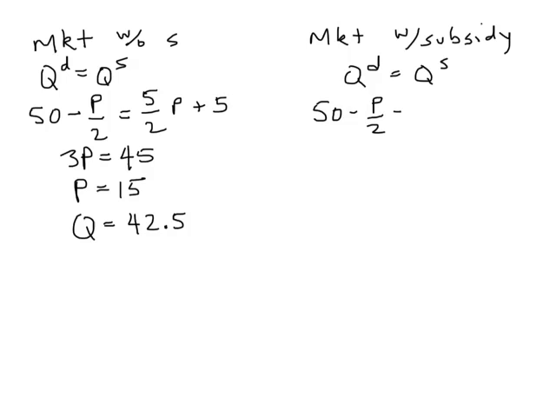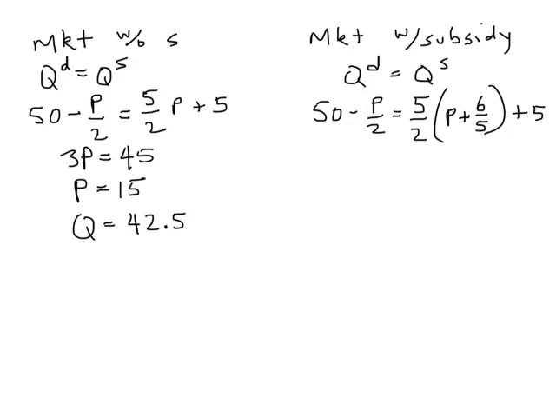But now sellers aren't getting P, they're getting P plus 1.2, or 6/5 dollars. So now they're going to be reacting to 5 halves times P plus 6/5. P is what buyers pay. Government's kicking in 1.2. We're going to call that 6/5. The rest of the supply is the same.